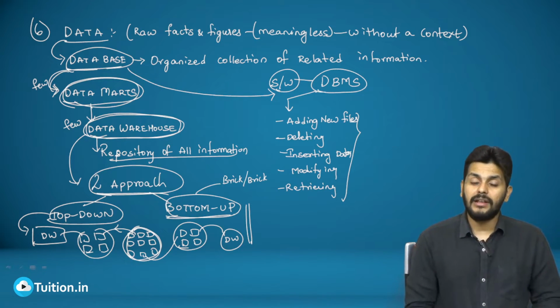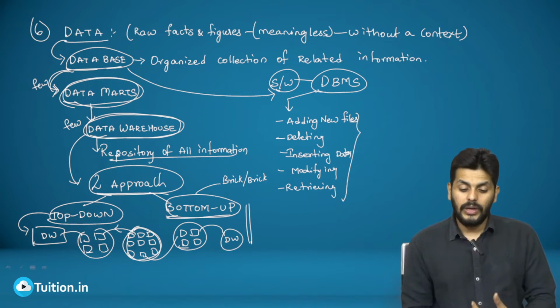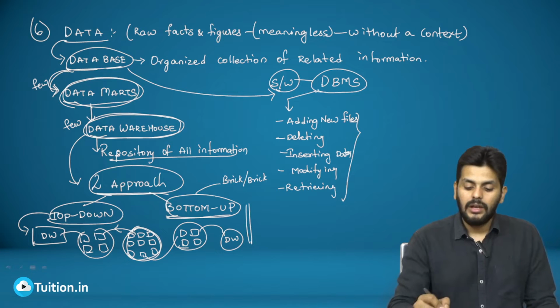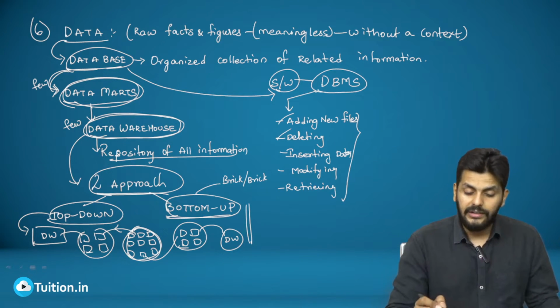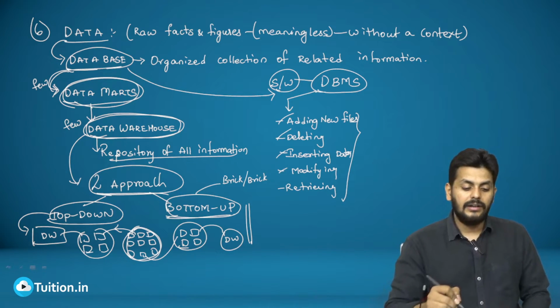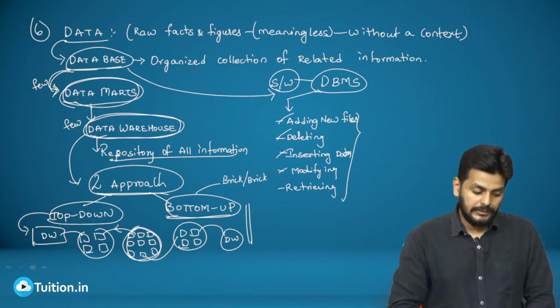DBMS is a software that will help you to manage the various kinds of databases. You can add new files to the database, you can delete existing files from the database, insert data, modify the data, and retrieve the data whenever you need.